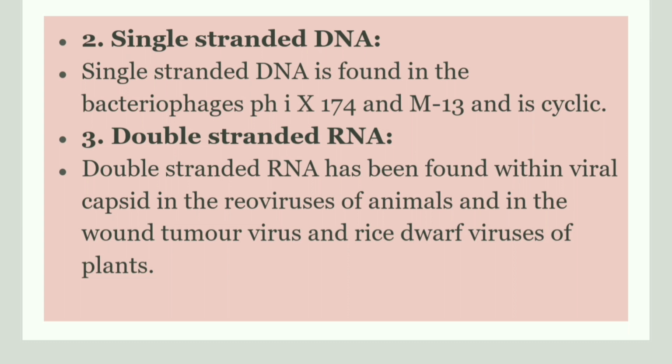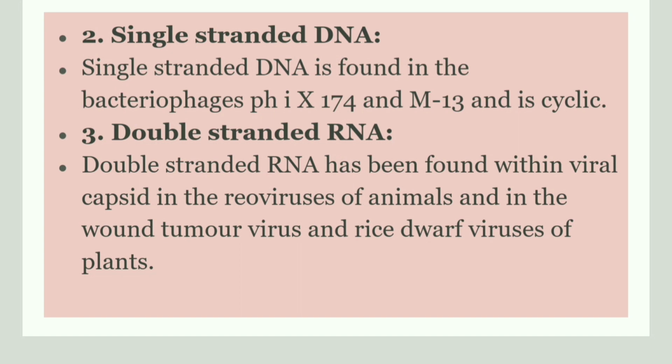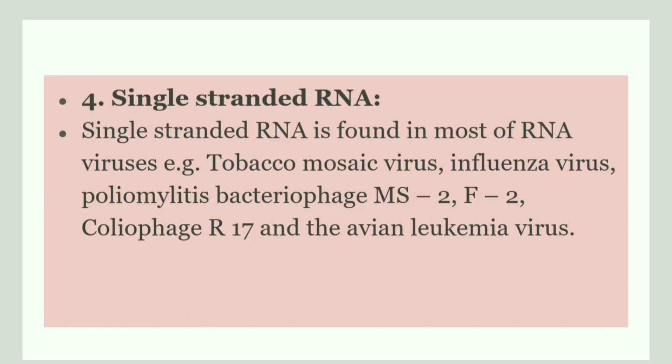These are found in M13 and here it is cyclic. Next is double-stranded RNA viruses, and examples are reovirus of animals, and wound tumor virus and rice dwarf virus of plants. Next is single-stranded RNA, seen in tobacco mosaic virus, influenza virus, etc.